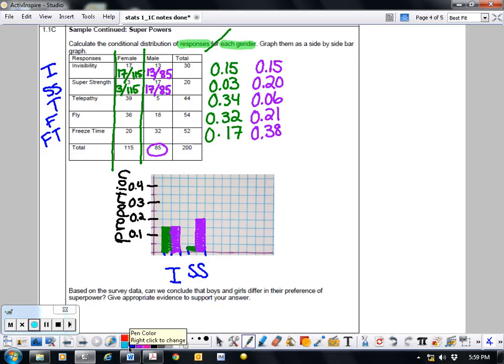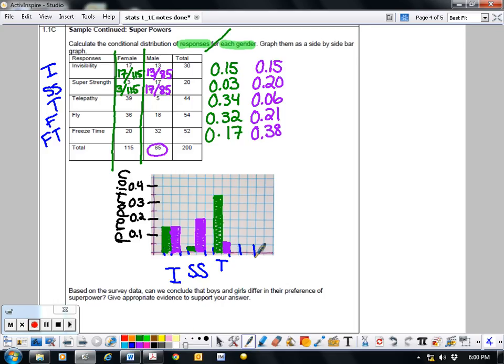And then I'd move on to the next one, telepathy. I'd go to females, 0.34, and then 0.06. And so I keep on going.